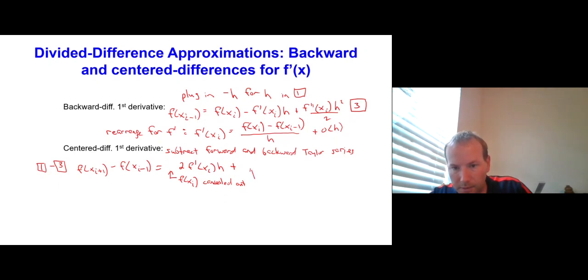Okay, so I'm going to write here that the f double prime canceled out. And so we're left with the third order term, so 2 times f triple prime xi h cubed divided by 3, and so on.